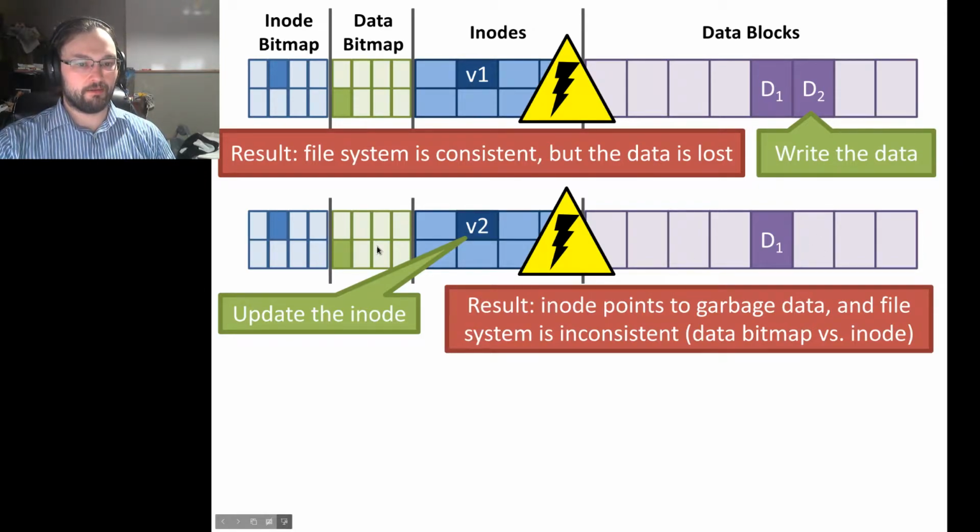The data was not written, so the additional data that is now included in this file is just arbitrary junk data, whatever was there before. And for even more fun, the data bitmap wasn't updated. So the file system doesn't know for future block allocation that this file thinks it owns this block.